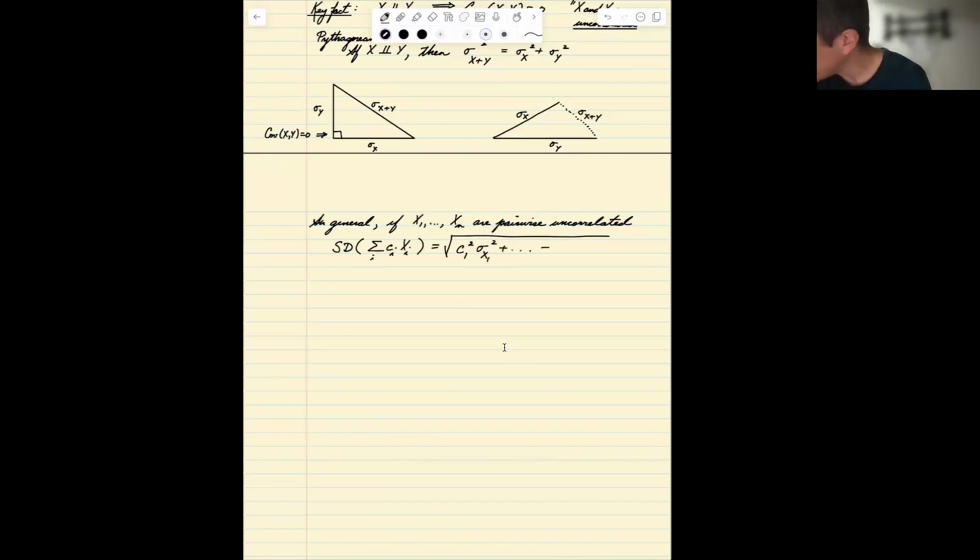So we take the values c_n squared times the variances, and then we add them up, and we get the square root.